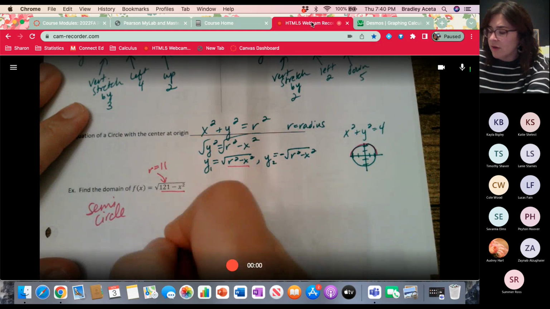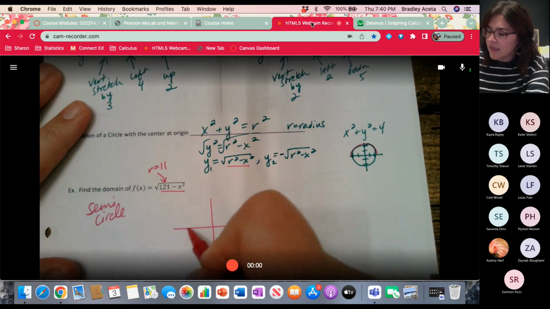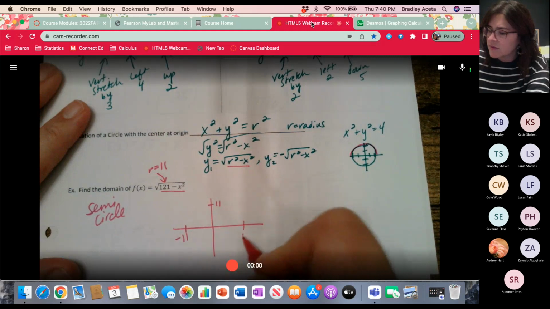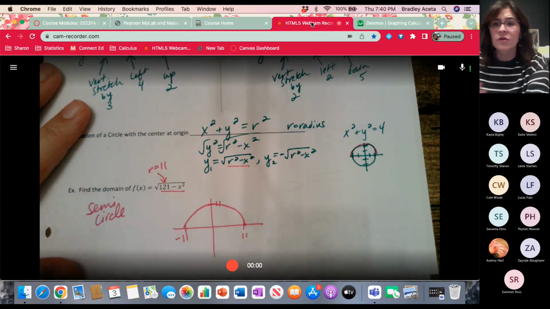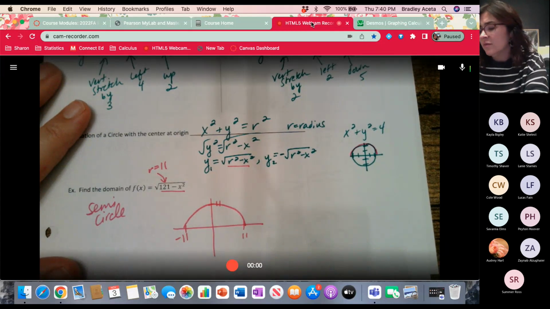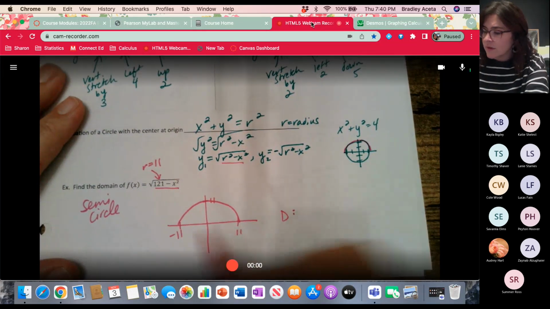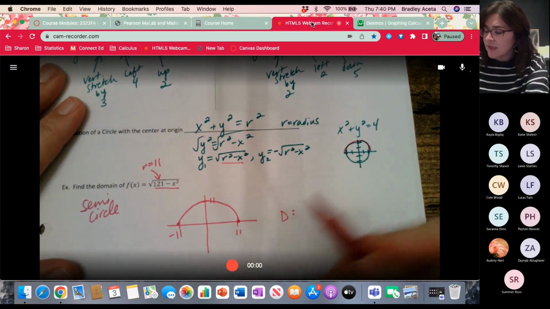And so I already know that I'm going to have just half a circle. I'm going to have from negative 11 to positive 11, and I just have half a circle. And again, you can put that right into Desmos as is. You can type square root of 121 minus x squared, and you'll see that picture right there. And then if I asked you what's the domain, it does hit the x-axis.